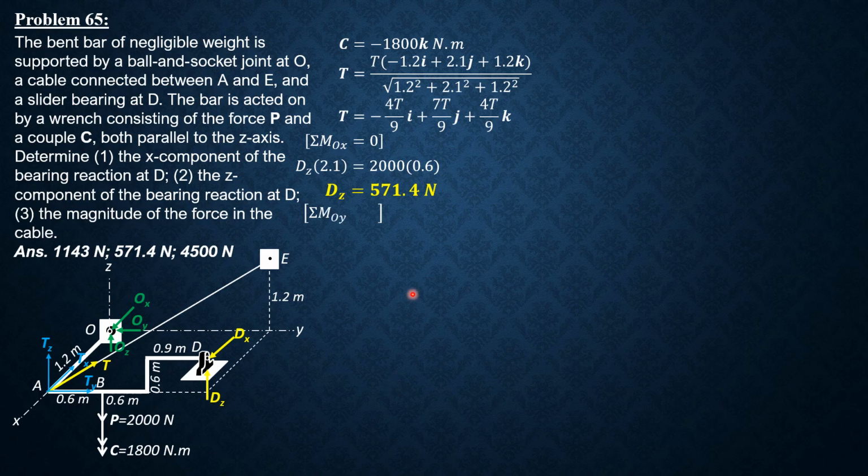So anyway, summation moment about OY, we have also two unknowns. So right thumb towards the positive y-axis, so the positive moment should be in that sense. So dx is positive, dx is 0.6 meter above the floor, above O, A, and this corner here, and this point here. So dx is positive, dx times 0.6.